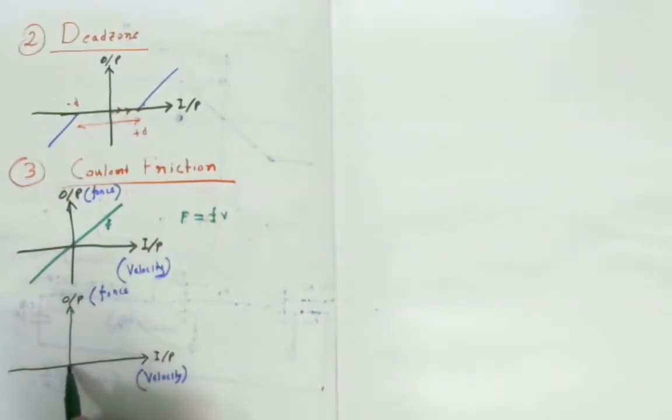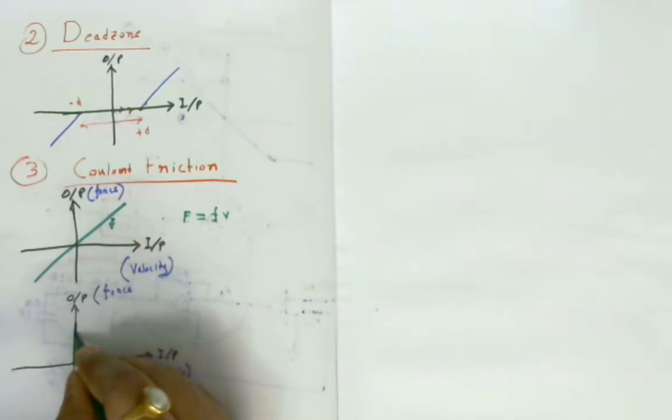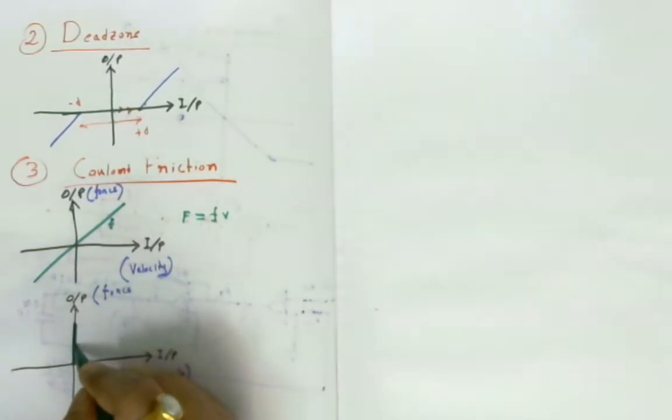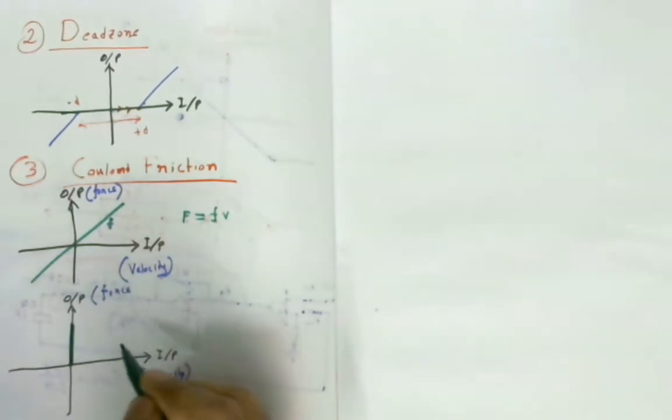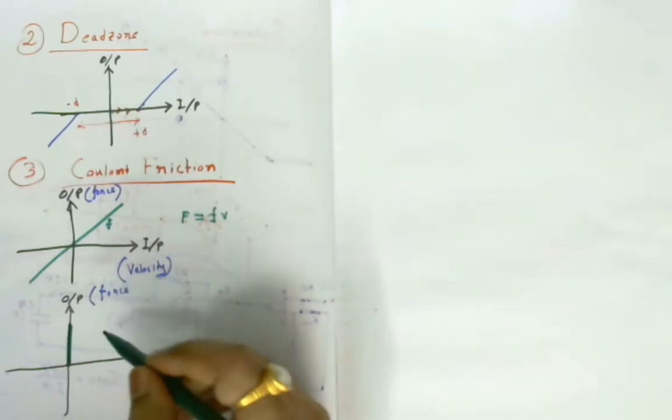So at the point of origin in the characteristics curve, the force required to initiate the motion is high. Then when it gains motion, I mean when the velocity is increased, the force required is less.